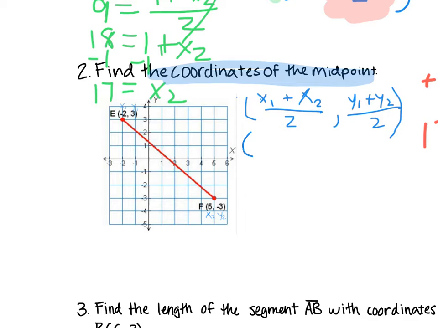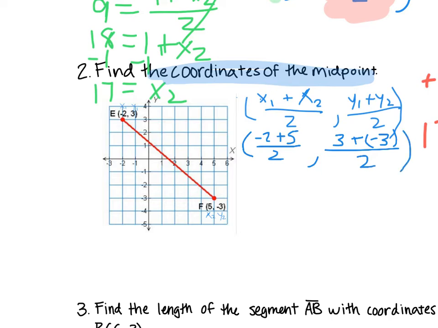So we have x1 is -2. What's our x2? 5 over 2. And then what's our y1? 3. Plus our y2, which is -3 over 2.